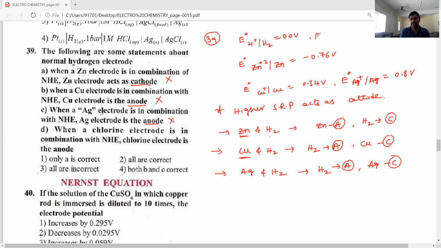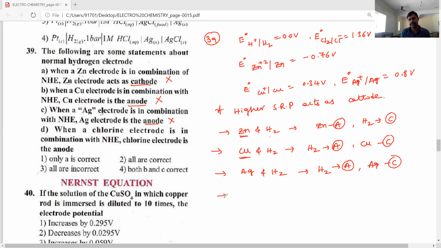Next one is the standard reduction potential of Cl2 by Cl minus. Chlorine is a strong oxidizing agent, has higher SRP value, its value is 1.36 volts.